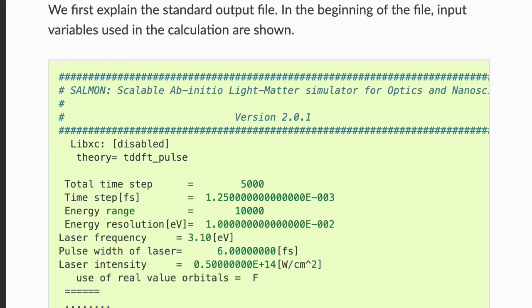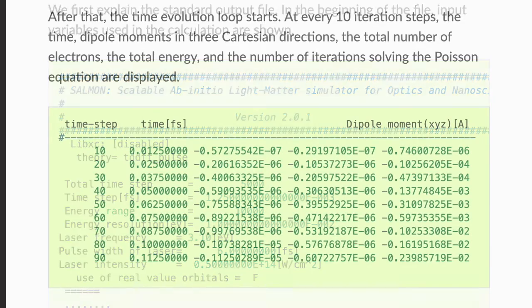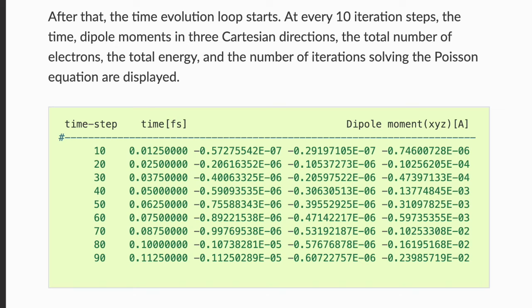When the preparations for performing the calculation are complete, the time evolution calculation begins. The number of time evolution steps is displayed in time step, and the time is displayed in time. The unit is femtosecond. The x, y, and z components of the dipole moment are written in units of angstrom.